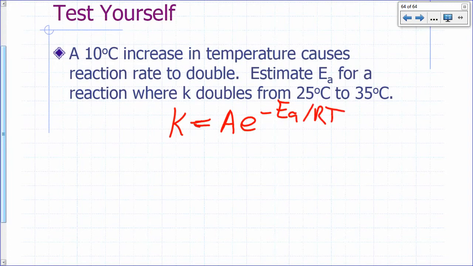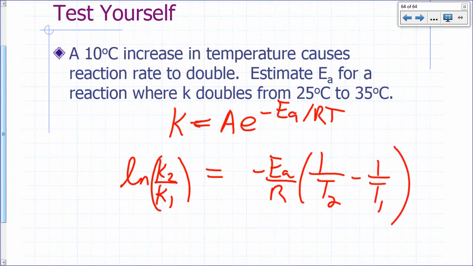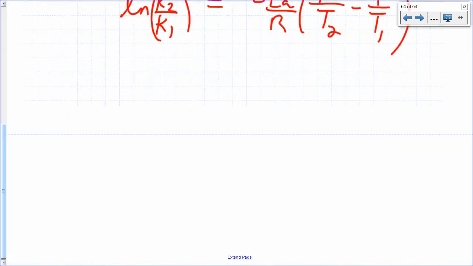But if you want to compare two rates, we say that ln of k2 over k1, taking the natural log of both, would be equal to negative E sub A over R times (1 over T2 minus 1 over T1). This is an alternate form of the Arrhenius equation if you just want to compare the rates at two different temperatures.